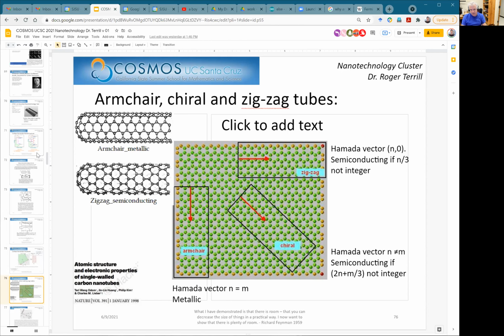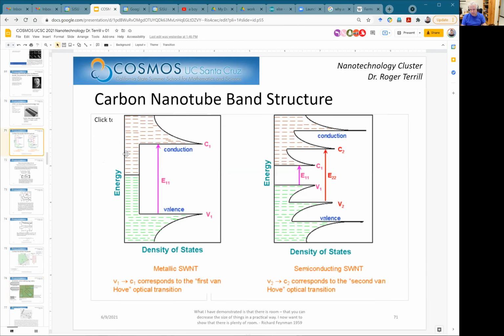So if we go back to this picture here, you could have, this could be a zigzag tube, for example, or I'm sorry, a chiral tube. And it could have very poor conductivity because right at the Fermi level here, you have very few states.